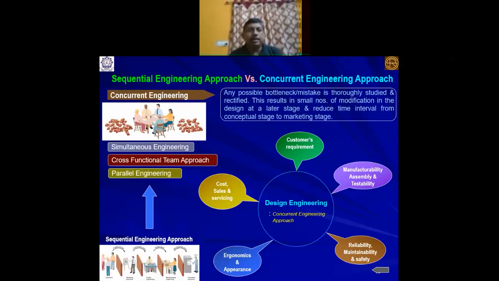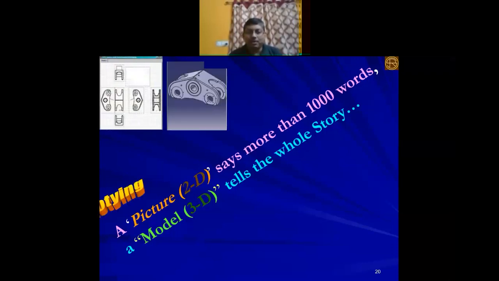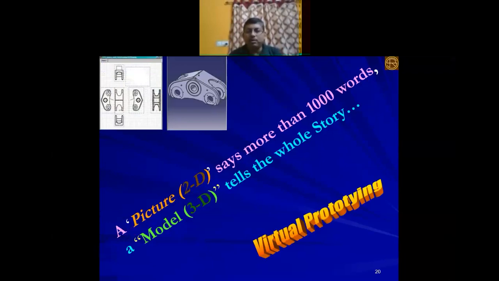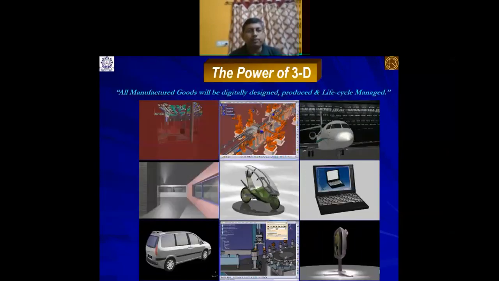And for that, the tools are CAD tools, because you know a 2D picture is worth more than 1,000 words, but a 3D model tells the whole story. So that is why the tools are required. The modern context is the virtual prototyping tools using CAD CAM, and I'd like to show here the power of 3D.